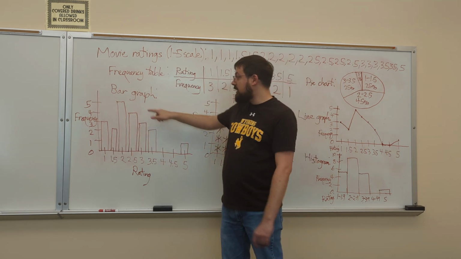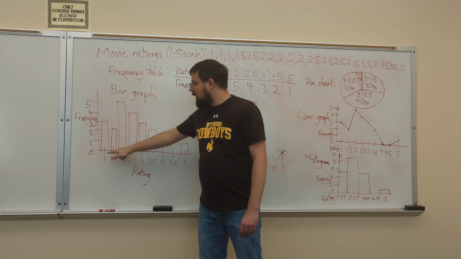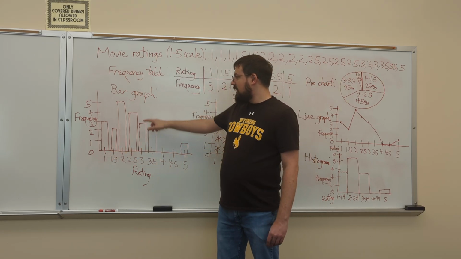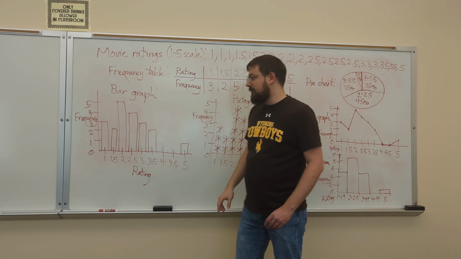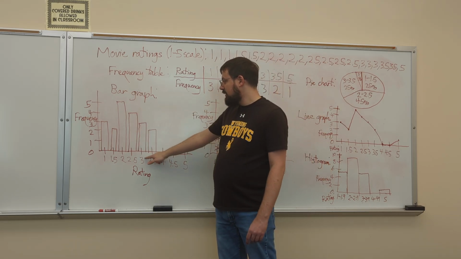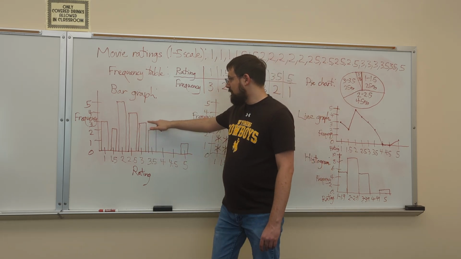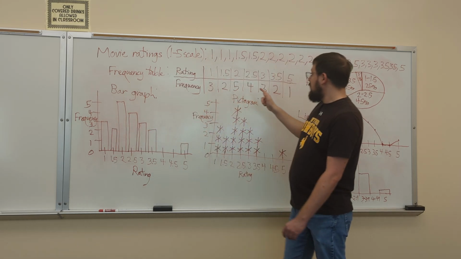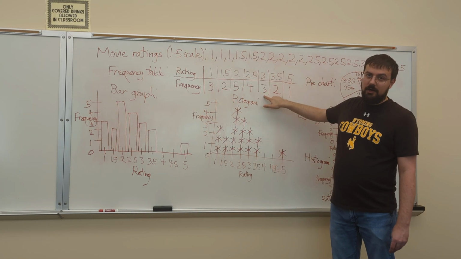Then we have heighted bars on each of these different numbers that represent the ratings, and the heighted bars represent the different frequencies. So let's say for 3, we have frequency 3 here as the height of our bar, and that goes with the frequency of 3 that we got in our frequency table.